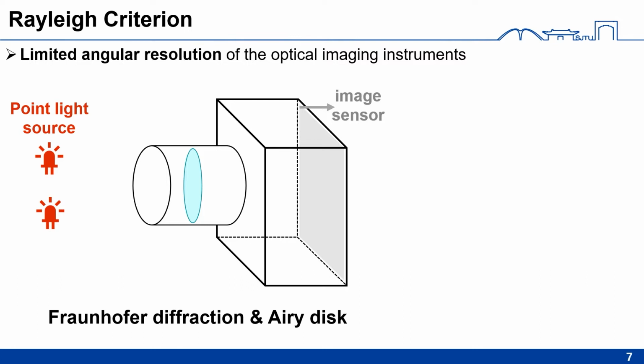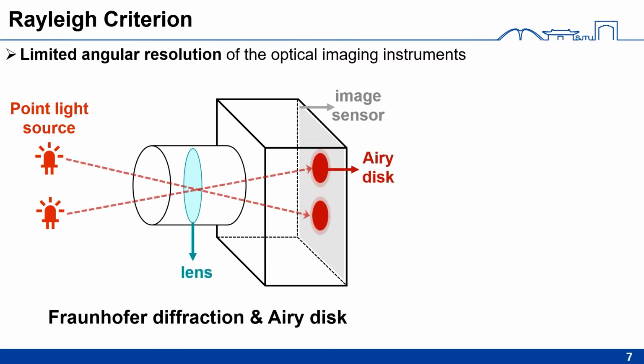This is physically described by the Rayleigh criterion. Due to the Fraunhofer diffraction, the image formed by a point light source through a circular lens is not a geometric point, but a round spot termed the Airy disk. If the distance between 2 point light sources is large enough, the corresponding 2 Airy disks are spatially disjoint.